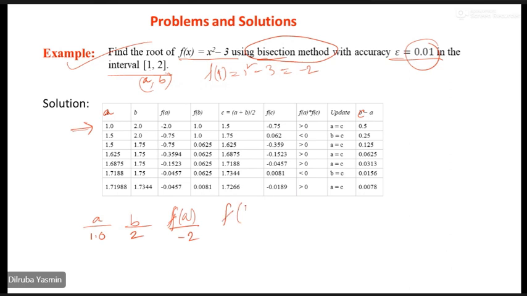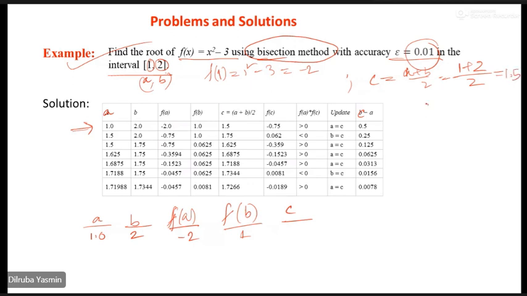Similarly, you have to find f of b. Then you have to take this value and do a division operation by 2 of 8, then you will get the c value.